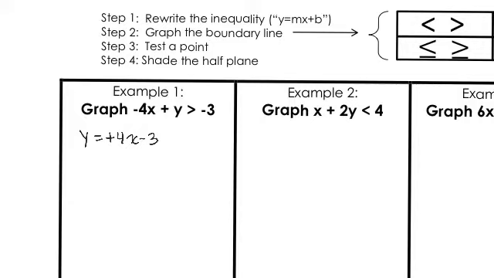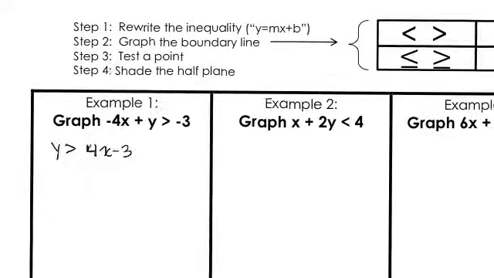And then it says graph the boundary line. So I put an equal sign in there, but really what's actually there, that's out of habit, is a greater than sign. Y is greater than 4x minus 3.